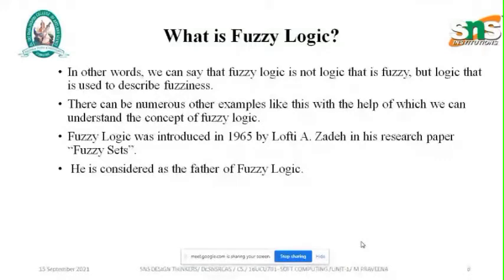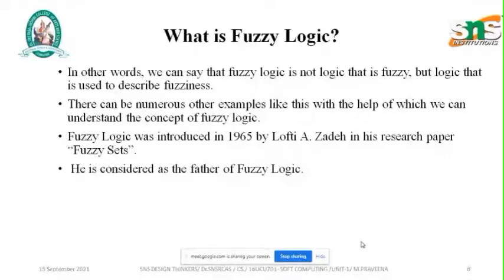We can also say that fuzzy logic is not logic that is fuzzy, but logic that is used to describe the fuzziness. Okay, to describe the fuzziness, we are using the fuzzy logic. That is the main thing to be remembered.